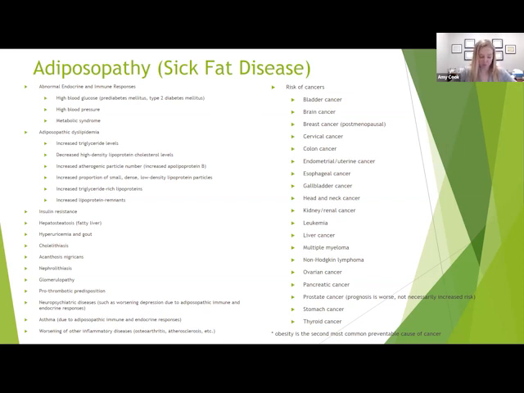On the right there, though, it also lists the cancers that can be increased in the setting of obesity. And it is now thought that obesity is the second most common preventable cause of cancer now.